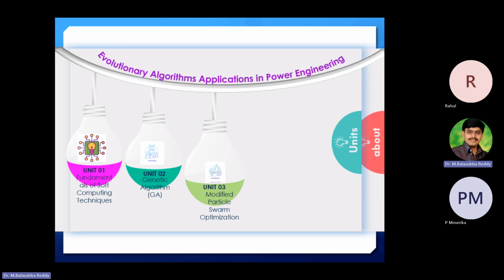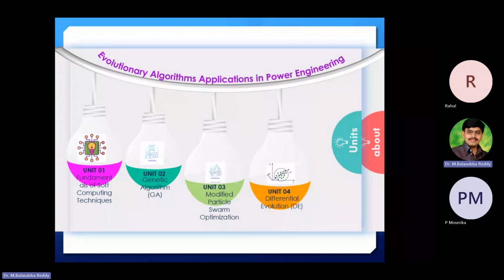Then modified particle swarm optimization and some basics of PSO. It may be known at the UG level, but anyhow we are going to review the PSO algorithm. After that, we'll go for different modifications in particle swarm optimization.